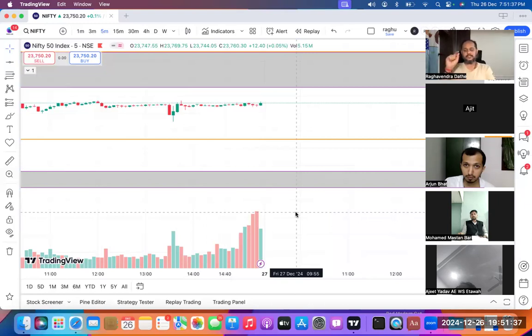Once you know support and resistance manually, automatically you will learn what strike price to choose, what entry price to choose. So we will go step by step, and make sure that within 1.5 months, it is a 12 weeks program, but it might take time.